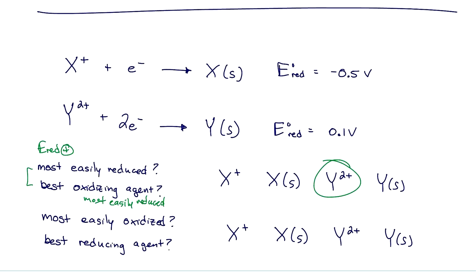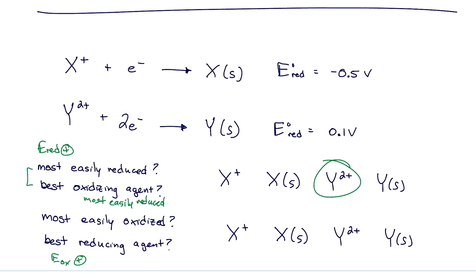Just like in the next one, which is the most easily oxidized or what is the best reducing agent, that's the same question. But we're looking for something else. What we're looking for is the most positive oxidation reaction, but those values aren't given. We are given reduction values, so you have to flip them. So based upon this, Y plus was the most easily reduced, so it's going to be an X substance that is the most easily oxidized.